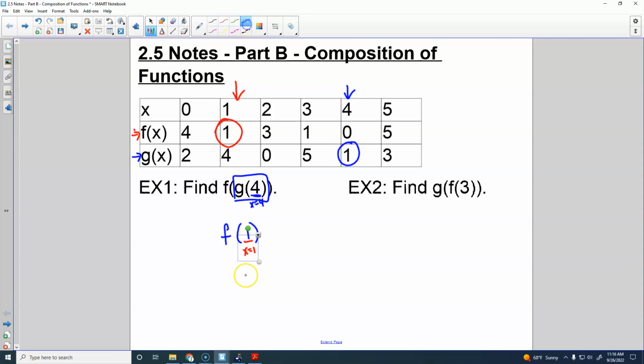So this would equal 1. Right, it's just f of g of 4 equals 1. So you wouldn't say x equals 1 there. So just 1 would be your answer. All right, try the second one there on your own.